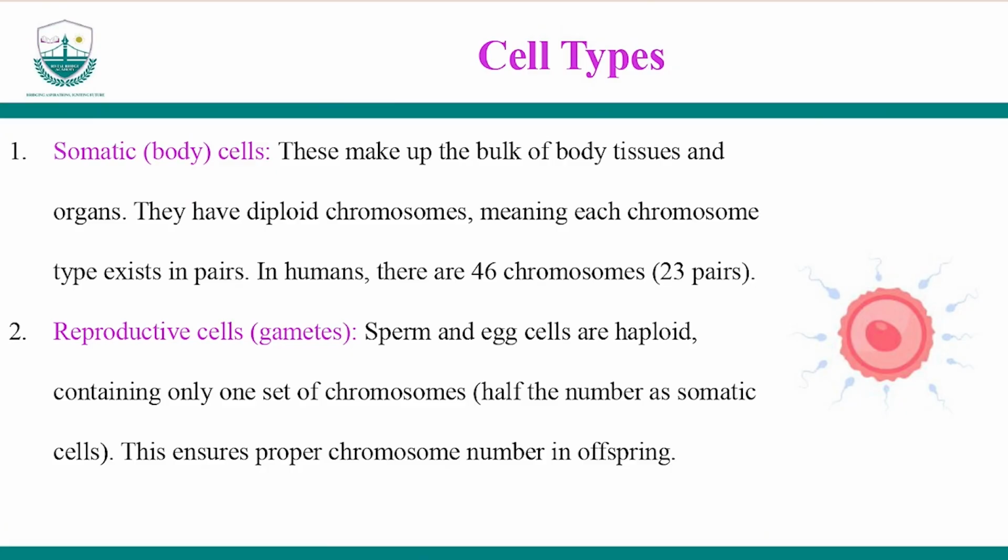And that's why you have children that do not really resemble you 100%. Okay, they will pick some characteristics from the mother, and then they also pick some characteristics from the father. Okay, so you will have a blend.